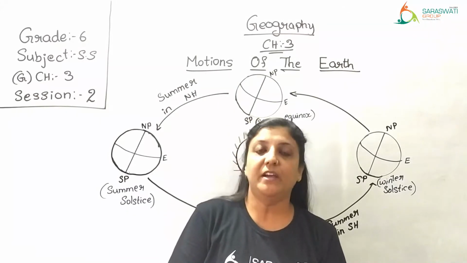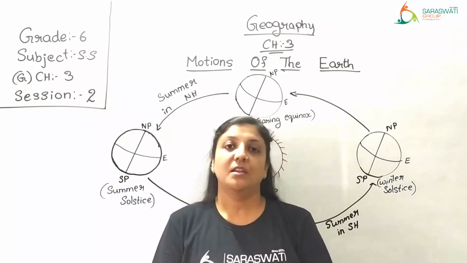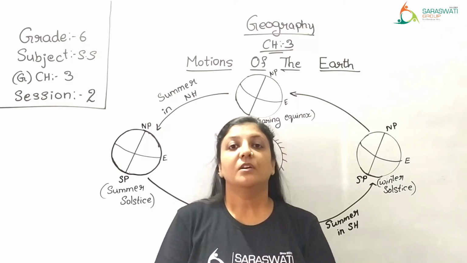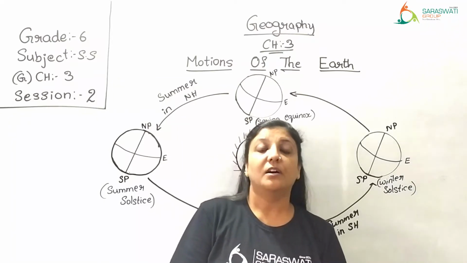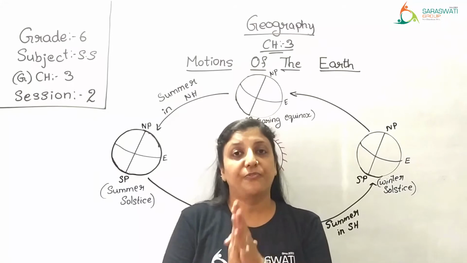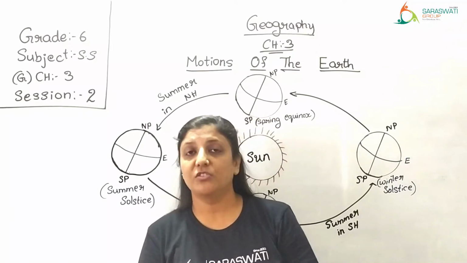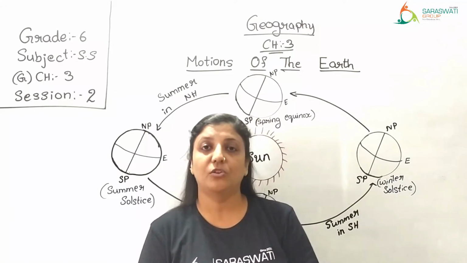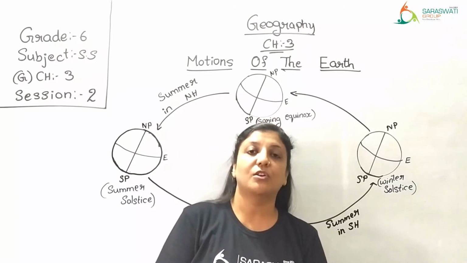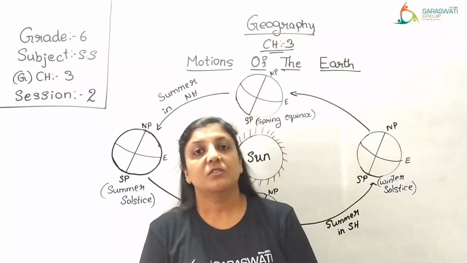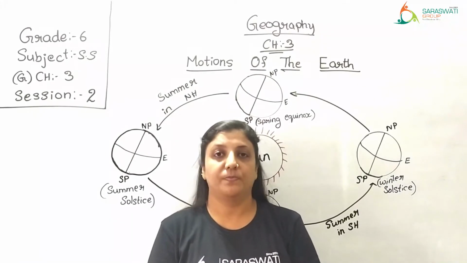The other movement that the earth shows is the revolution. The movement of the earth around the sun in a fixed orbit. What is orbit? Yes, the fixed path on which the earth moves is called its orbit. So this is revolution.